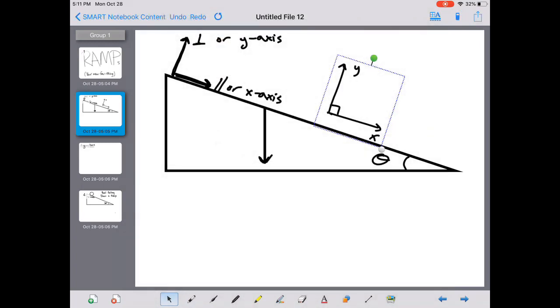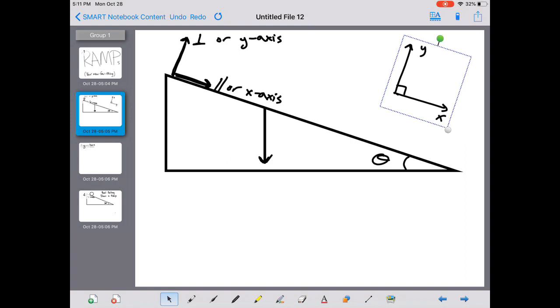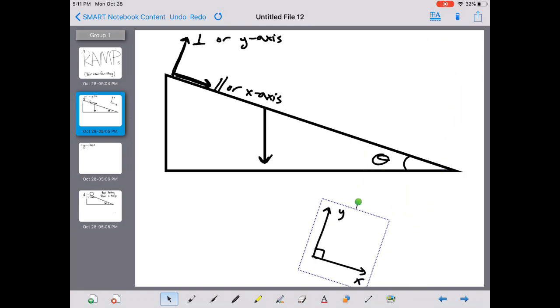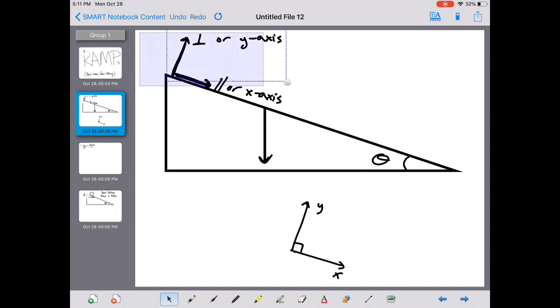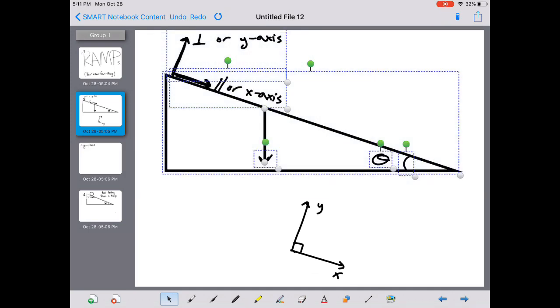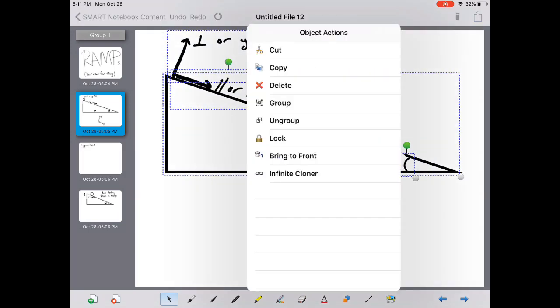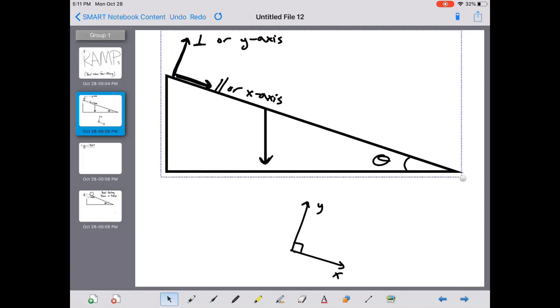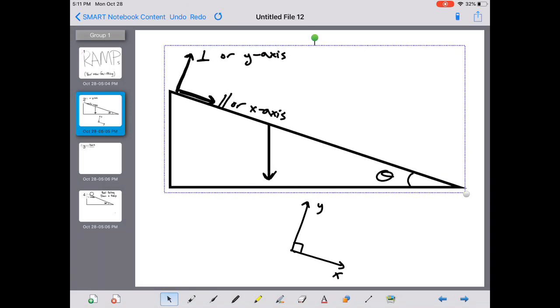Okay? If this is not clear to you, the other thing that we could do, and I'll try to make this clear, is if I took this entire thing here and I rotated it to make it seem more familiar to us.